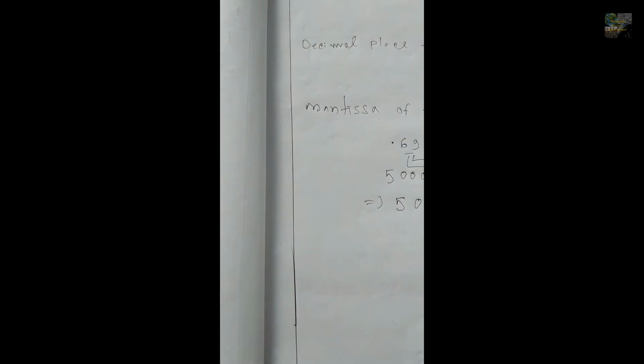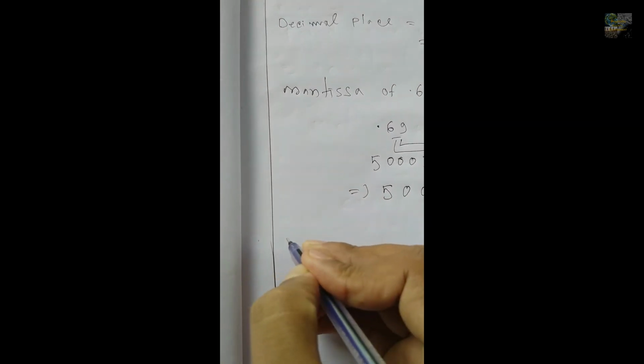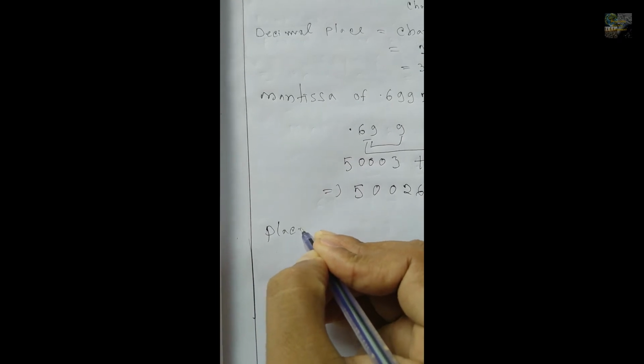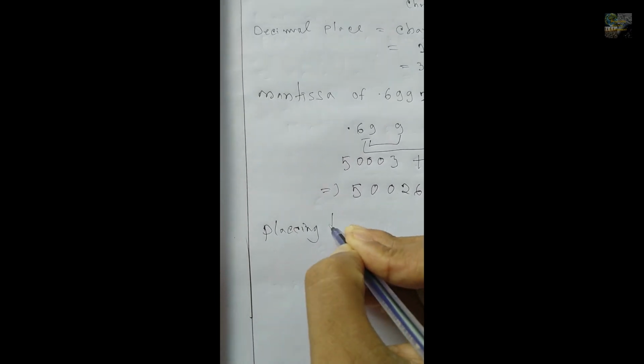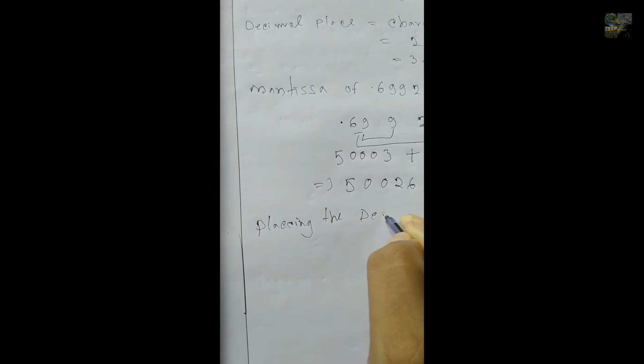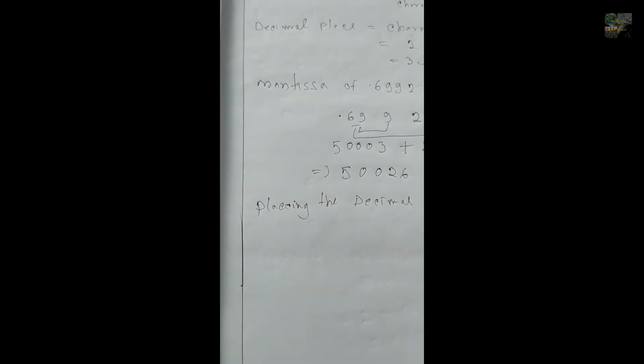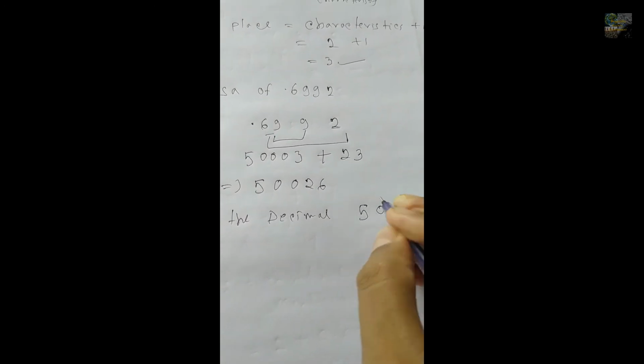Now it's time to find the anti-log, so I am placing the decimal. I have calculated the decimal places, that is 3. So the decimal point will be after 3 digits: 500.26.